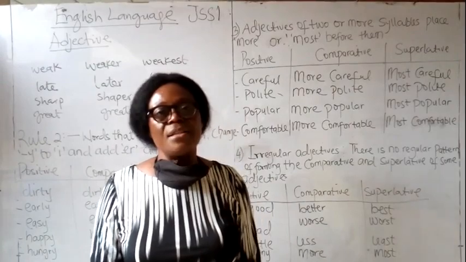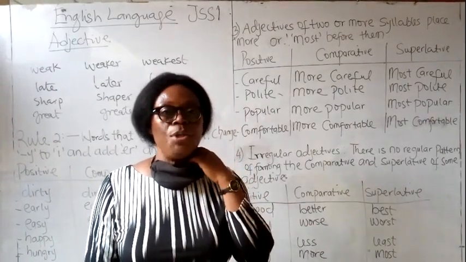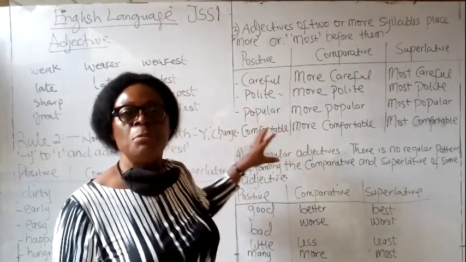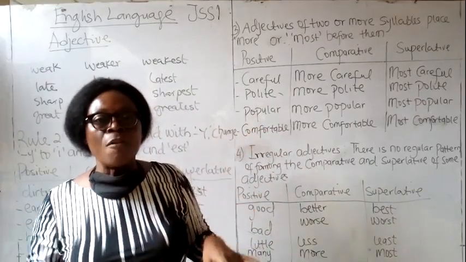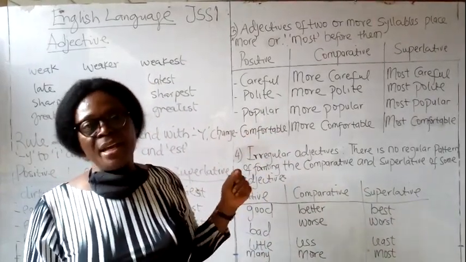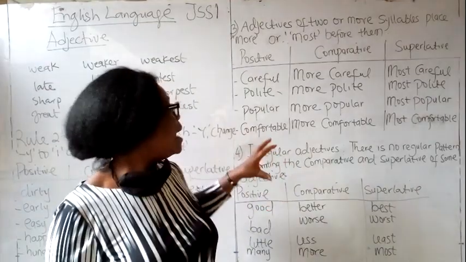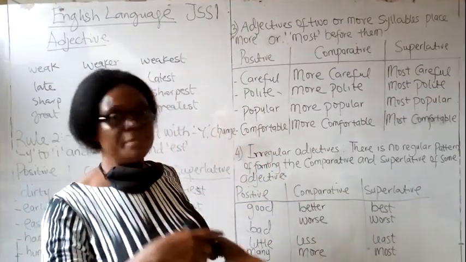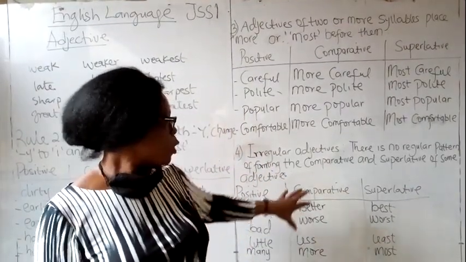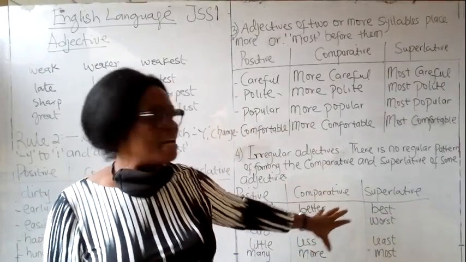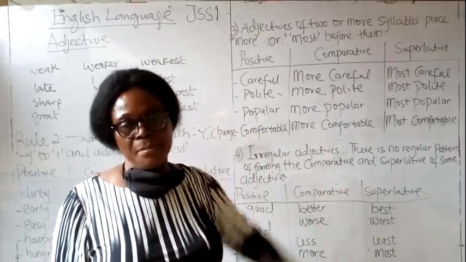We'll have some classwork which you are going to do for me. I'm going to write them on the board. You just have to copy them, and just identify or regroup them. The adjectives that I'm going to give you, you will provide the comparative and the superlative form of them.